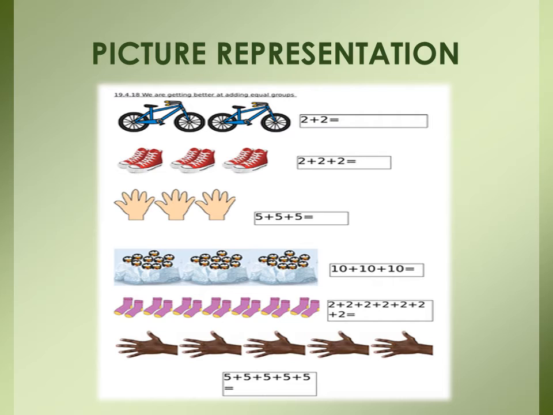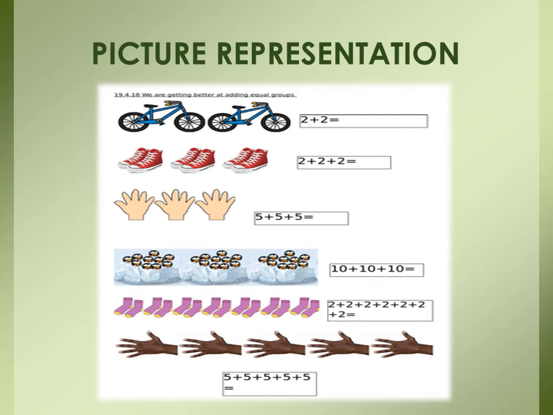Likewise, we are having 7 pairs of socks and one pair consists of 2 socks. So we have to write 2 seven times, and we will be adding 2 plus 2 plus 2 plus 2 plus 2 plus 2 plus 2. Whatever the answer will be, we will be discussing it in the next class.